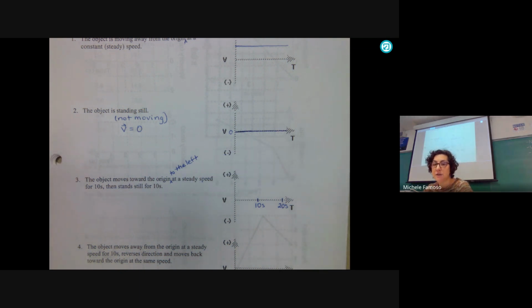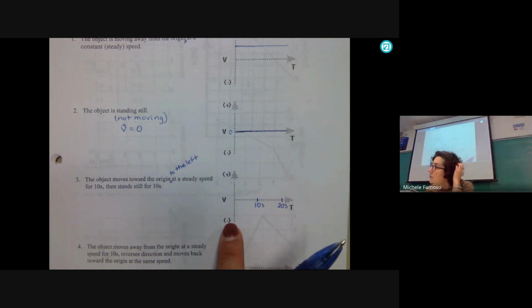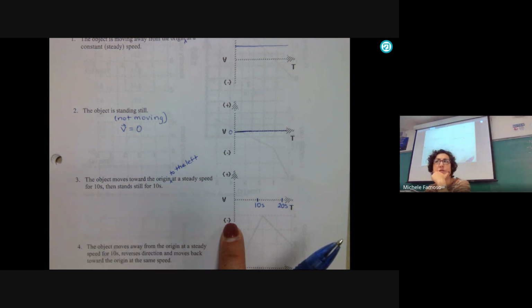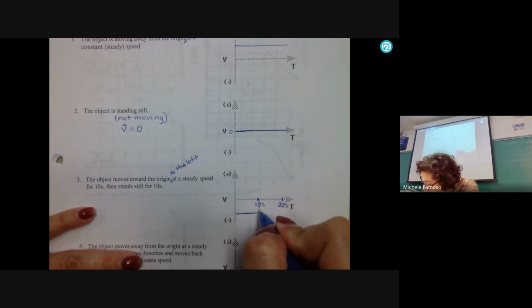Which quadrant is moving to the left? 4, negative. That's what left is, negative. And if it's going at a steady speed, what do I graph? Josh, what am I going to graph if it's moving at a constant speed? Horizontal line in this quadrant. Just until we get to 10 seconds.